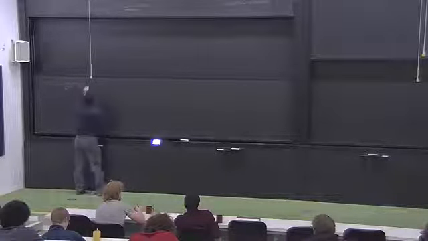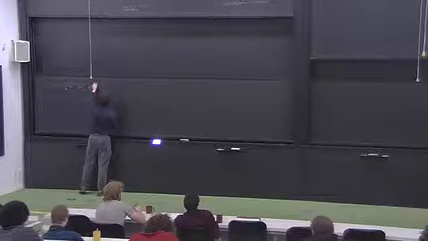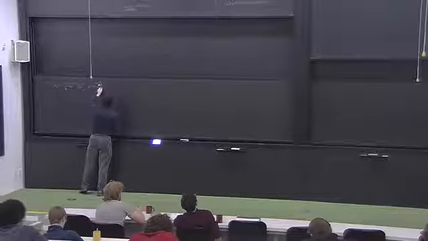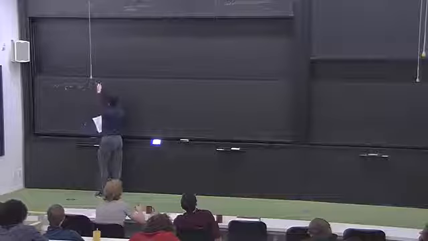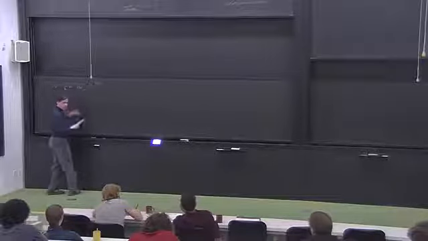With omega is e to the 2 pi i over 2 to the n. Okay, so how do we do this? Again, we're going to expand A and B in their binary notation.